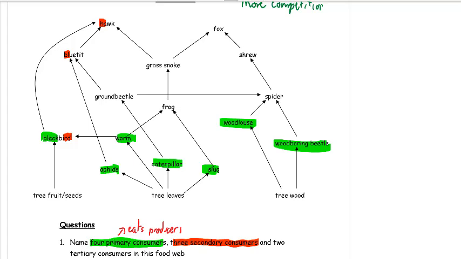And then we've got producer, primary, secondary. So as you can see here, there can be a lot of secondary consumers. 2 tertiary consumers, so producer, primary, secondary, tertiary. Then producer, primary, secondary, tertiary. So again, there's a few tertiary consumers here.